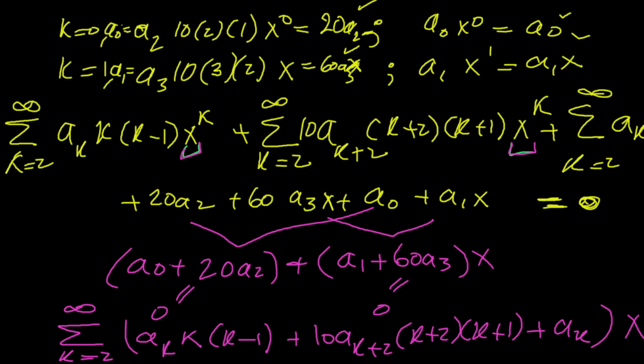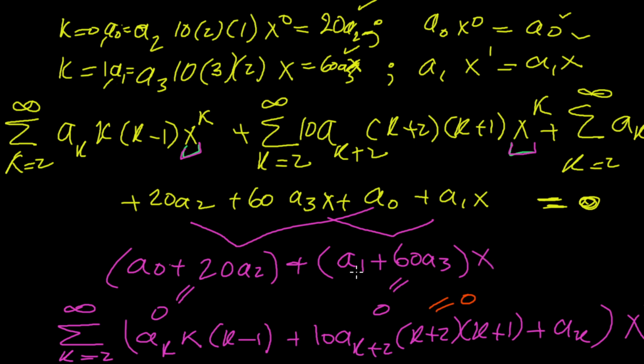So this coefficient must be 0. Alright, so when you factor x power k, its coefficient must go to 0. The other coefficients, everything that's on this left side must equal to 0.